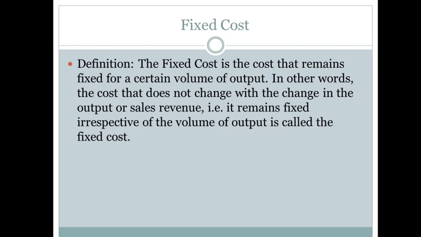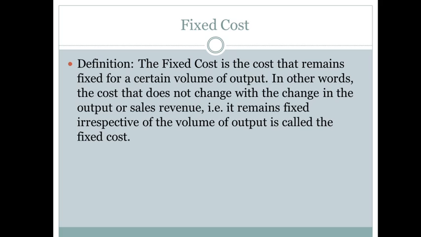The cost which does not change with the number of outputs is known as fixed cost, because the cost involved in production of 5 units or 5,000 units will be the same. That is, it remains fixed irrespective of the volume of output.